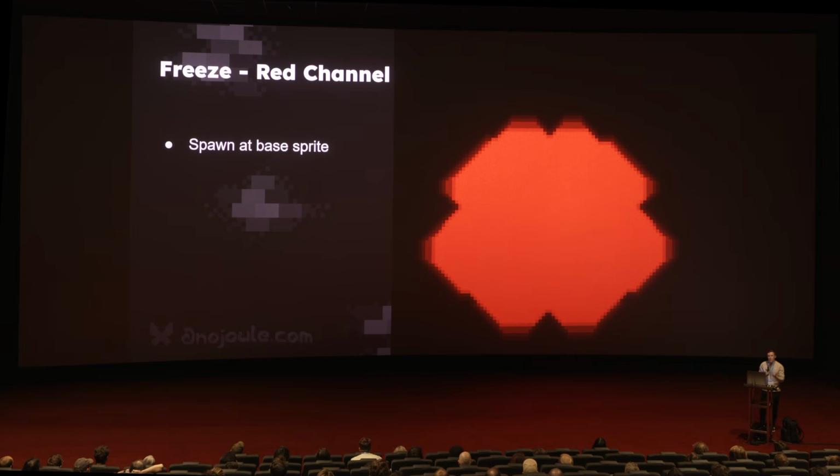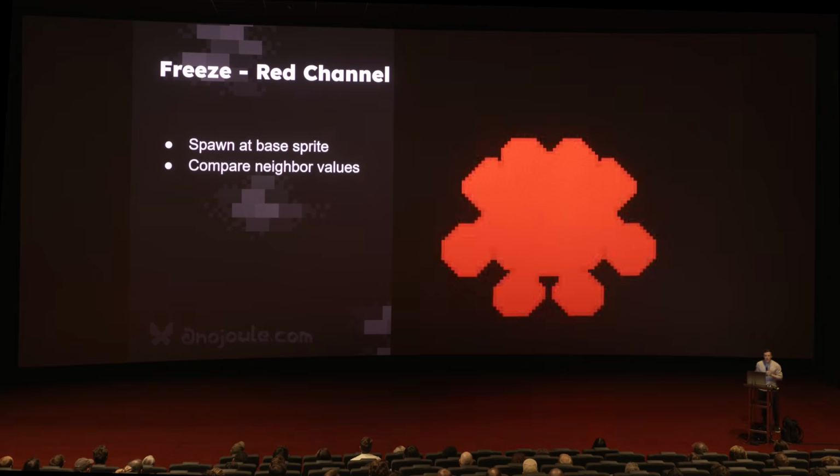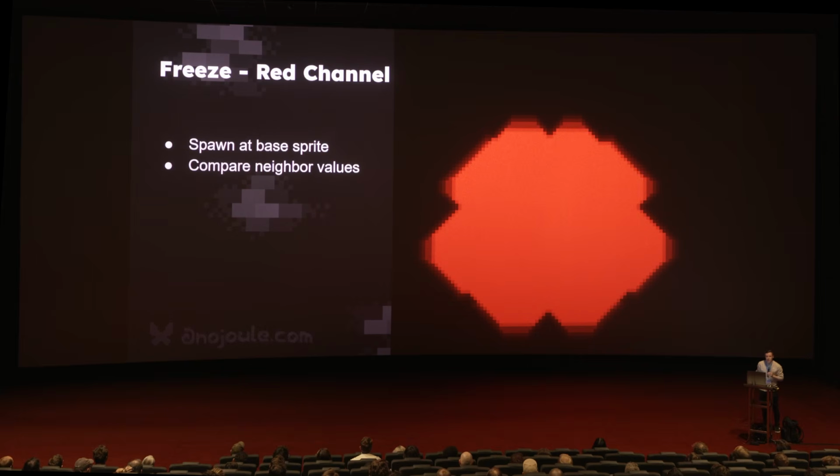Basically, I spawn a full red pixel at any of the pixels that have a non-transparent one in the original sprite sheet. And then we compare it with the neighboring pixels and spread it outward based on some thresholds we calculate of these neighbors.